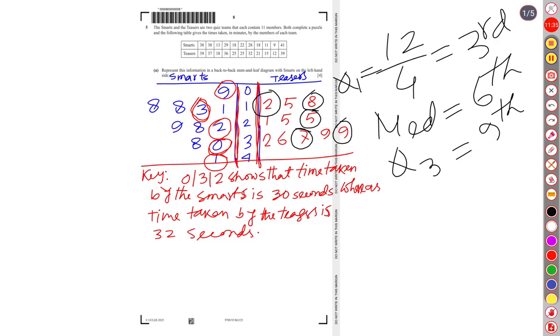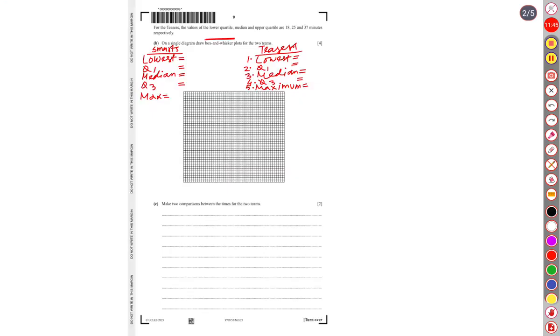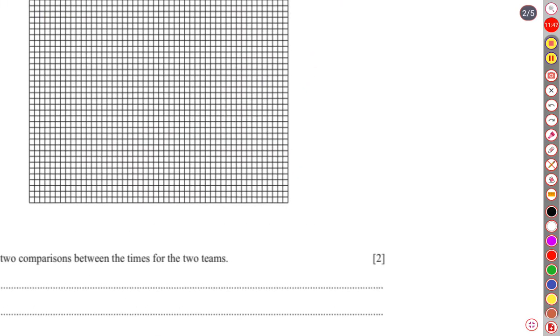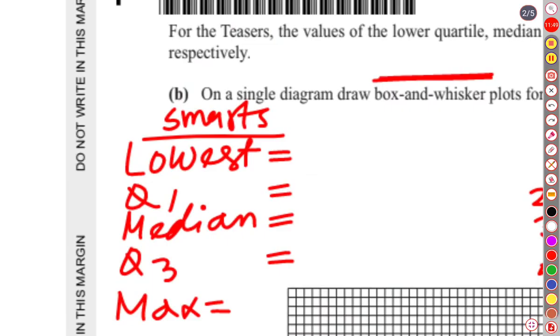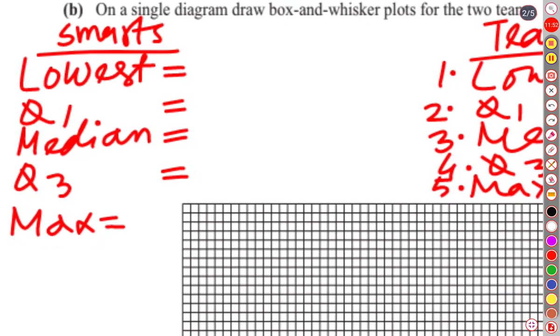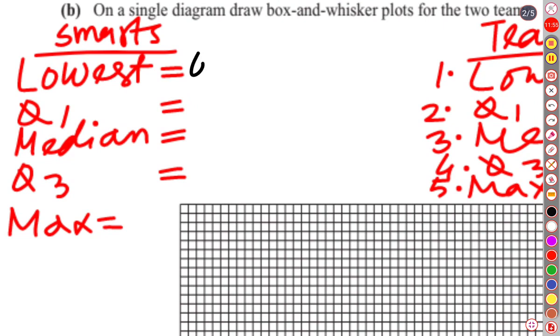Okay, so for smarts we got 9, 13, 22, 30, 41. Let us write there. So our smallest value for smarts was 9 minutes, the lowest value, and our lower quartile was 13 minutes.